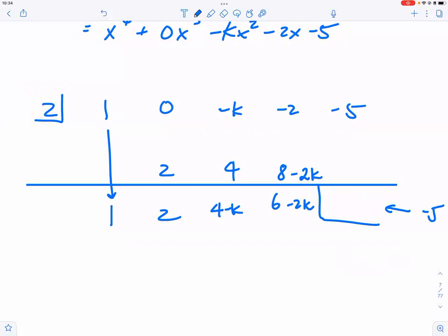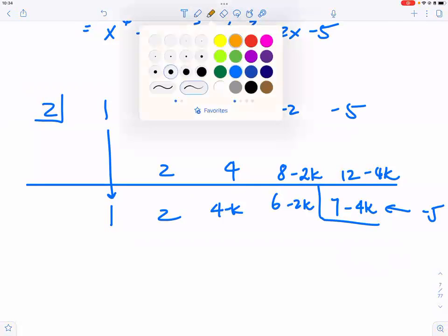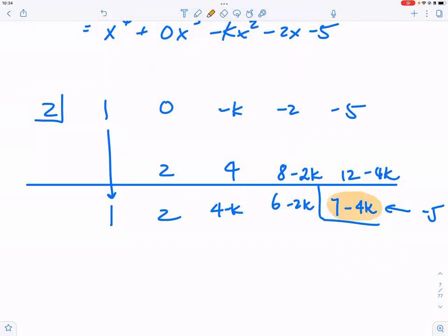Same thing, you have to remember that you are multiplying both terms by 2. So 6 times 2 is 12, minus 2k times 2 is minus 4k. So your remainder is going to be 7 minus 4k, and we say that this whole thing should equal -5.